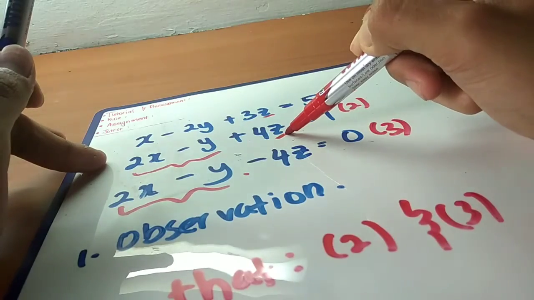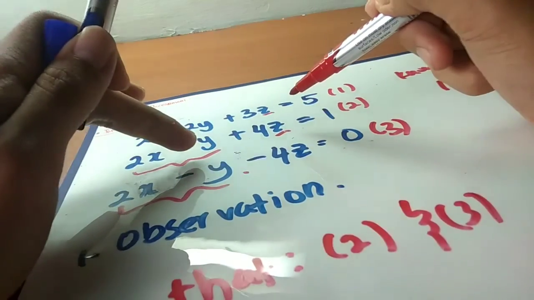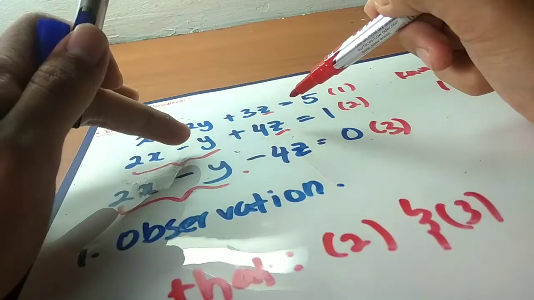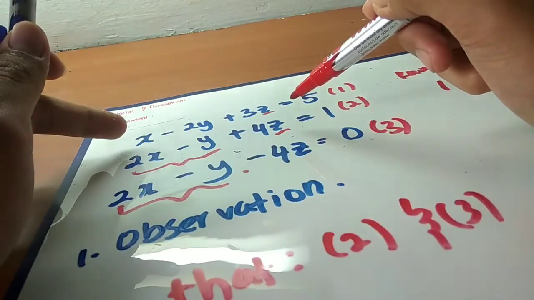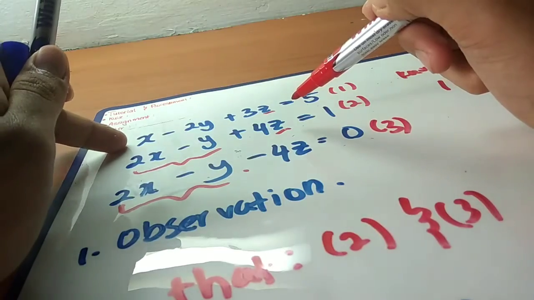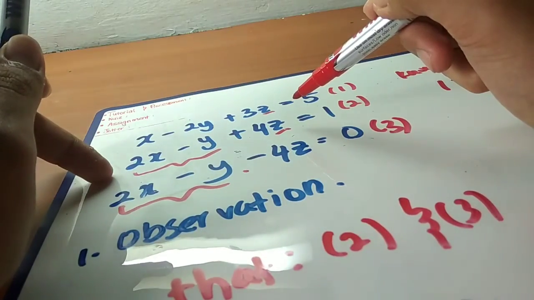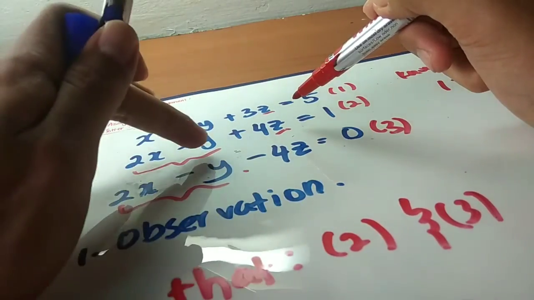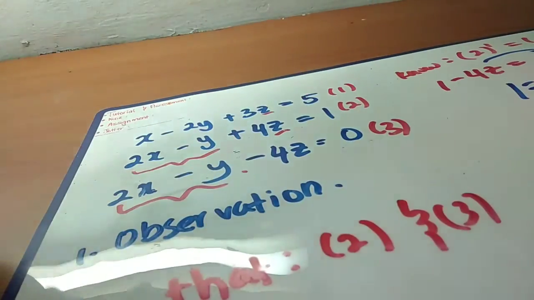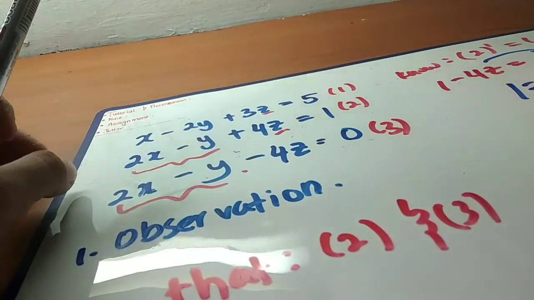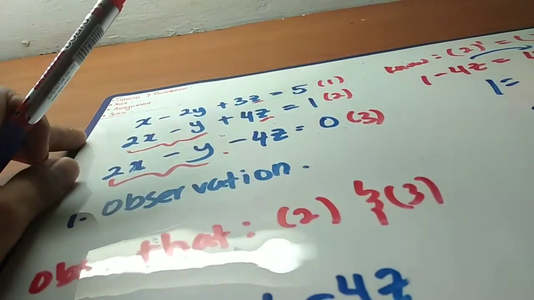So basically we are left with only the variables x and y, and then we proceed as I already elaborated in my previous video. For example, we make x the subject and substitute into equation 2, and we will get the value of y. But I don't want to talk about that because I already mentioned it in my previous video.